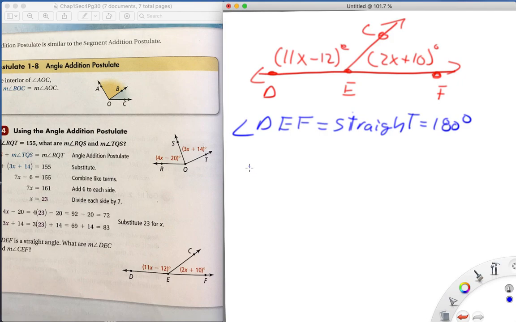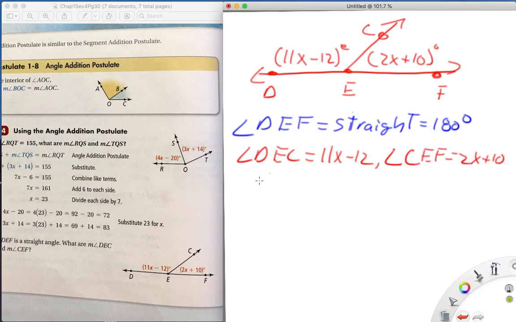I have these two smaller angles: angle DEC is equal to 11x minus 12, and angle CEF is equal to 2x plus 10.